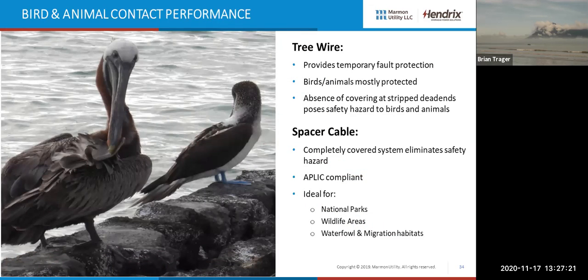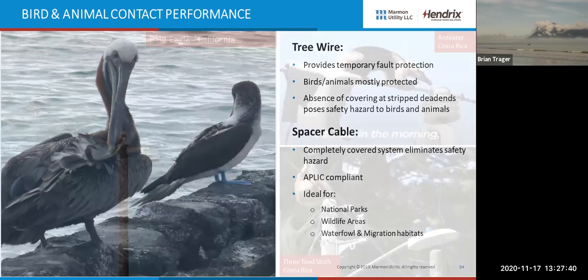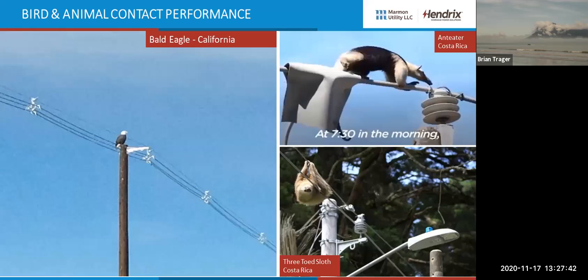If we take a look at spacer cable, it's completely covered, and it eliminates the safety hazard. It's APLIC compliant, and it's ideal for national parks, for wildlife areas where we have climbing animals, waterfowl and migration habitats. So it's used a lot in those areas. And I have another photo here.